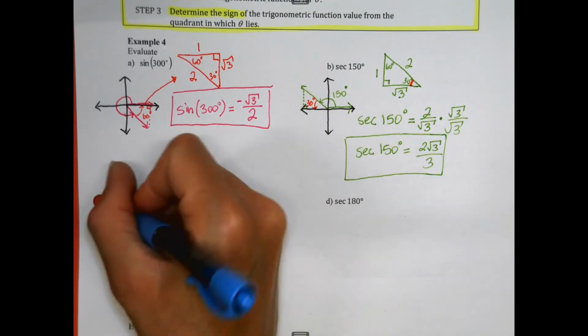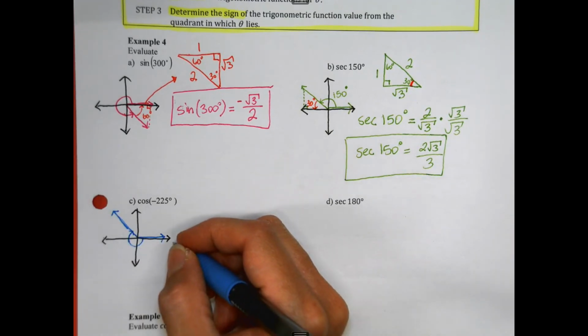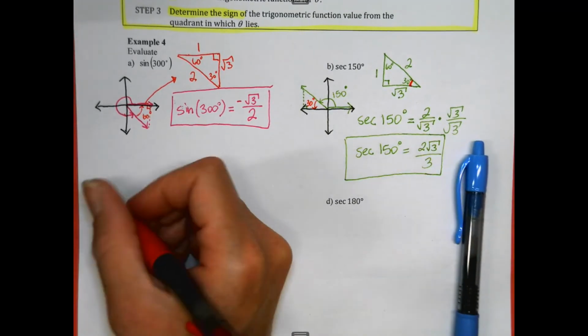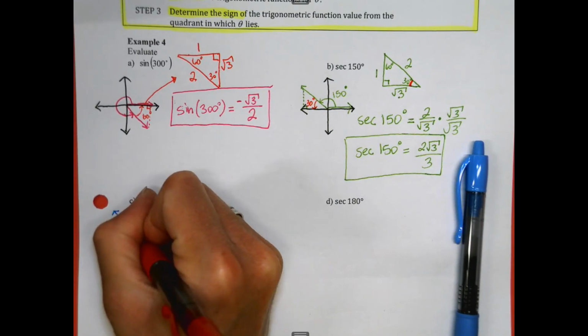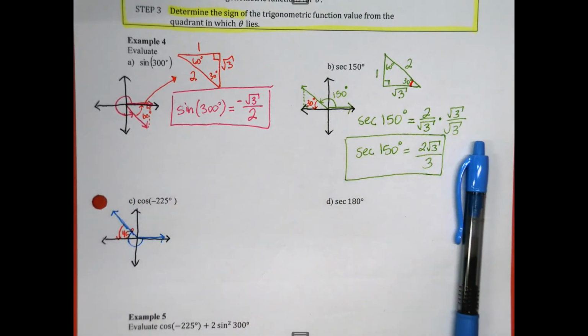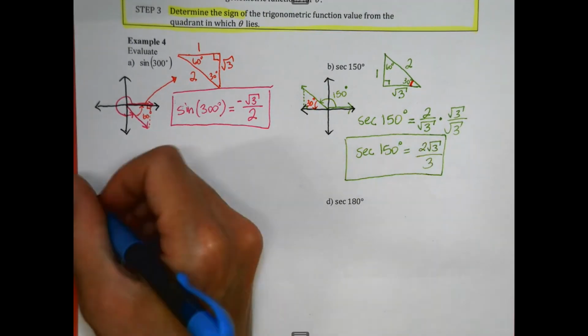And we need to figure out how far did it go past 180. Well, this reference angle here happens to be 45 degrees, since 225 minus 180 gives you 45 degrees.